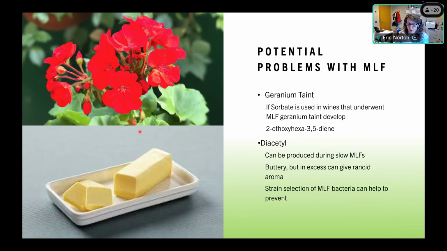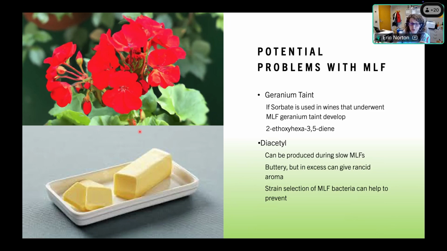If you are making a wine, you do a malolactic fermentation on it, and then you add sorbate to it, because let's say you wanted to sweeten that wine up, and so you use sorbate to act as a yeast inhibitor. Any bacteria that is still present will convert, and I say will because I've seen lots of examples of this, and it's not worth the risk.